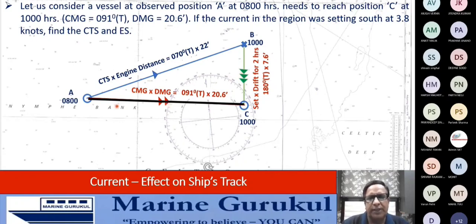So if we have to reproduce this triangle, that means I'll have to draw the current north of C. Though the set given in the question is south, but what we'll have to do is current, if we have to draw at C, we draw it in the opposite direction, highlighted by this black line now, and represented by 3 arrows pointing southwards as before. So now this is the CMG DMG vector, this is the current vector, each of them is for 2 hours. Obviously, then A to B vector would be the CTS and engine distance vector, and we get CTS of 070 degrees true, and engine distance of 22 miles in 2 hours.